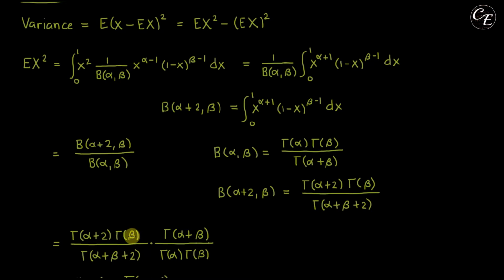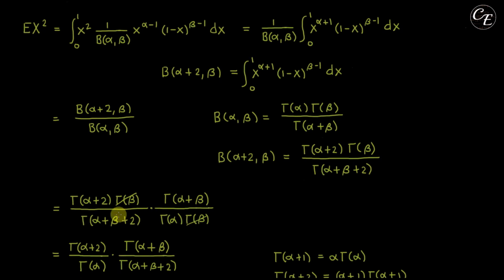Then we can cancel out this big gamma of beta, and also in here, big gamma of beta. Then we can rearrange this expression into big gamma of alpha plus 2 over big gamma of alpha, then times big gamma of alpha plus beta over big gamma of alpha plus beta plus 2.